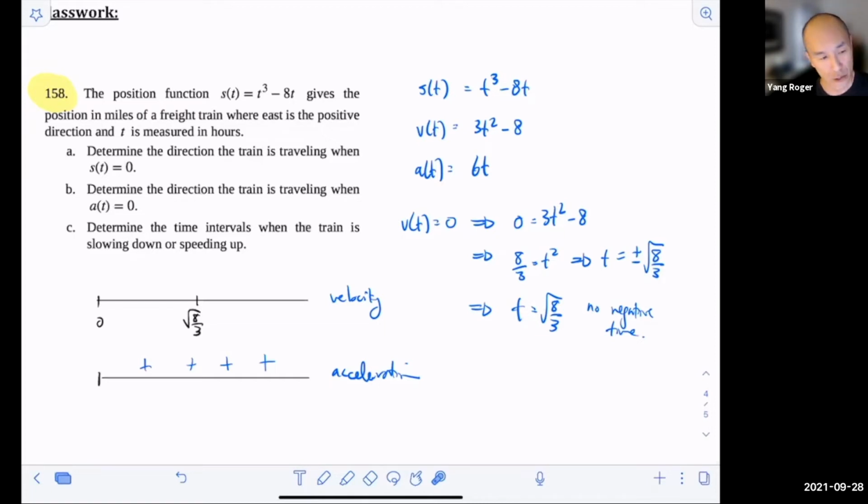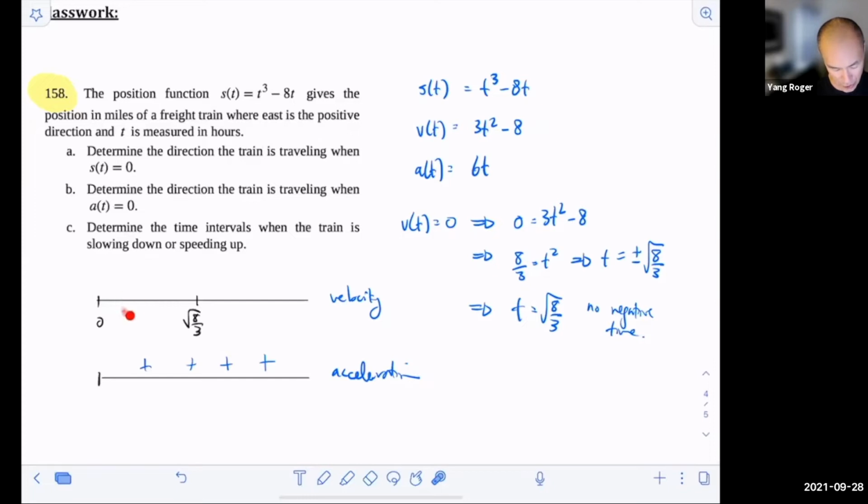So you want to make sure that you plug in a number on this side. So what would a good number to choose be?